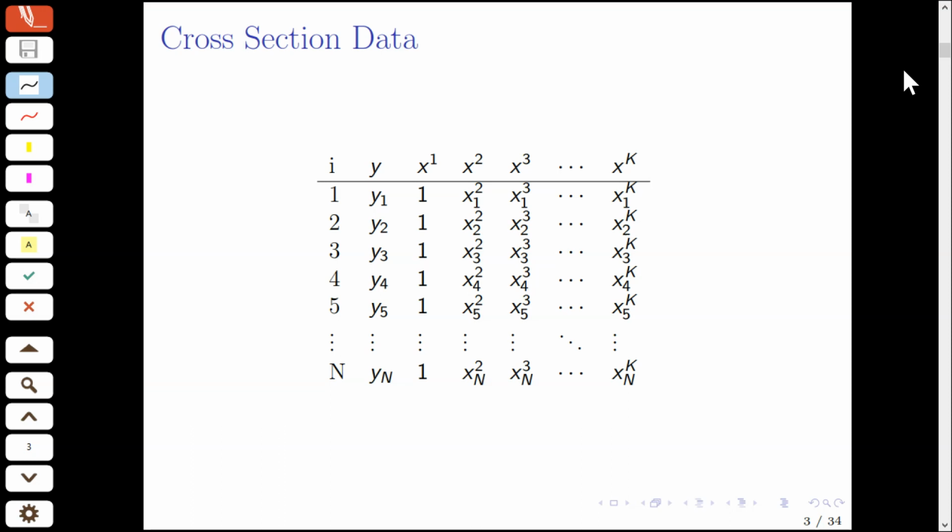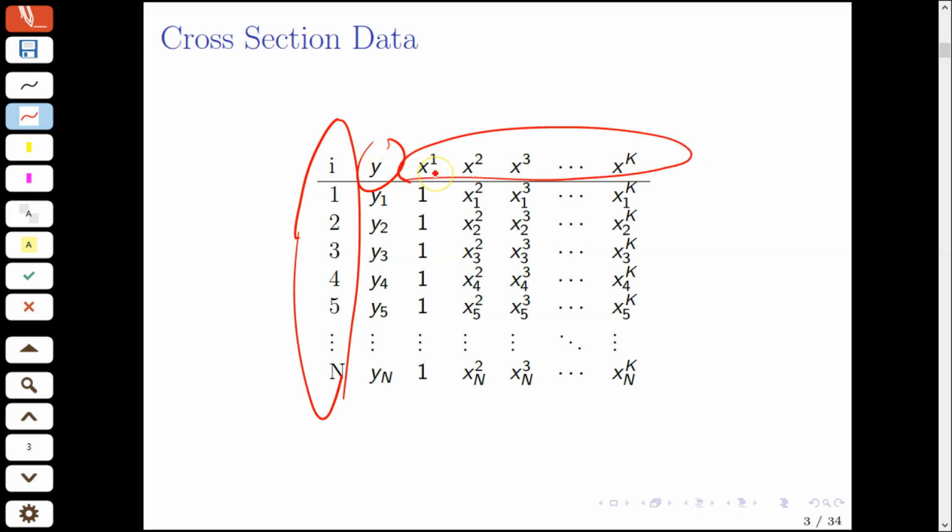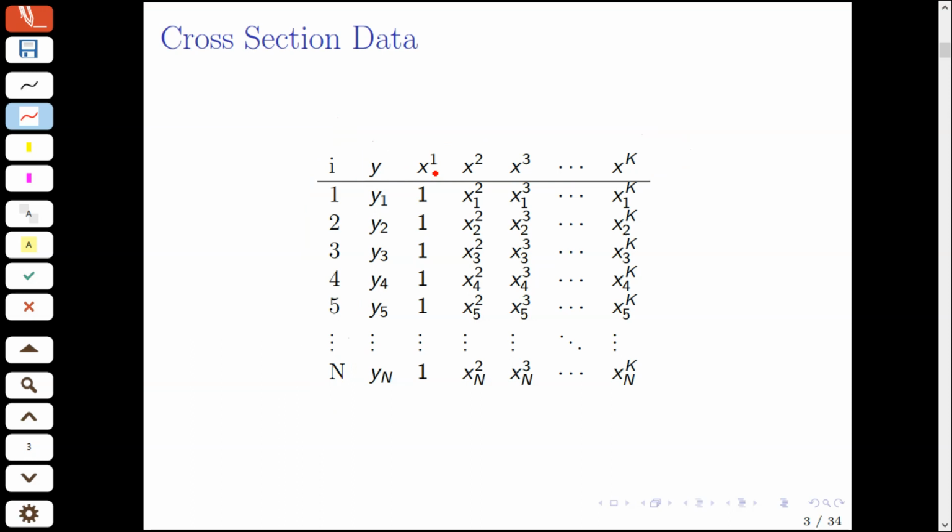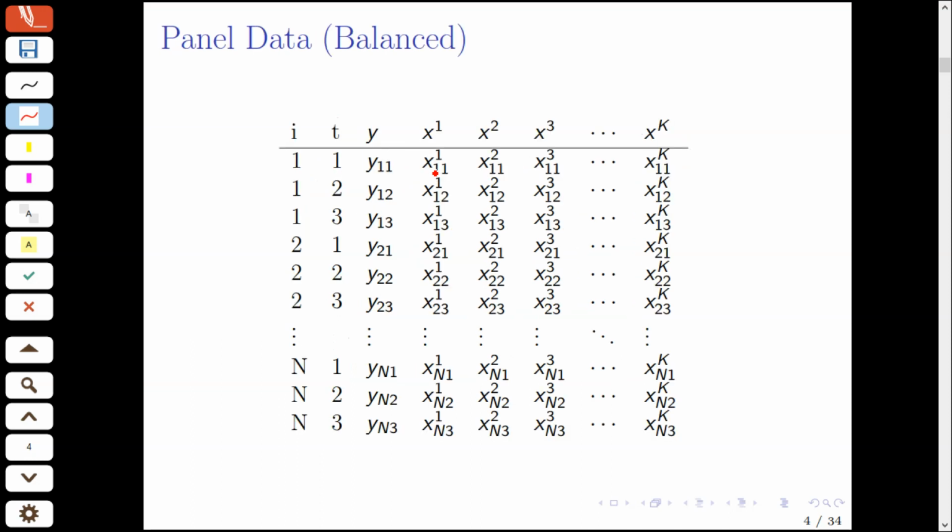Just as a reminder, when we talk about cross-sectional data, our structure looks something like this. Each row represents a different individual, and we have data both on the outcome variable as well as a collection of regressors x1 through xk. When we talk about panel data, we have an additional dimension to work off.